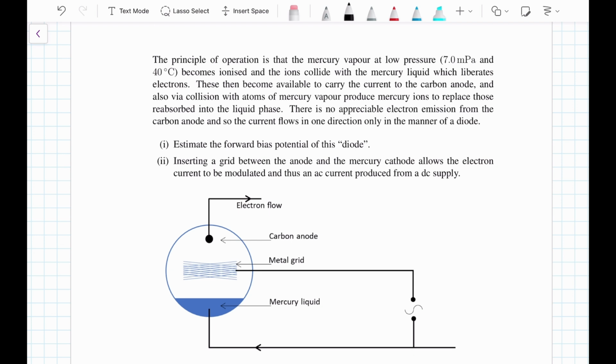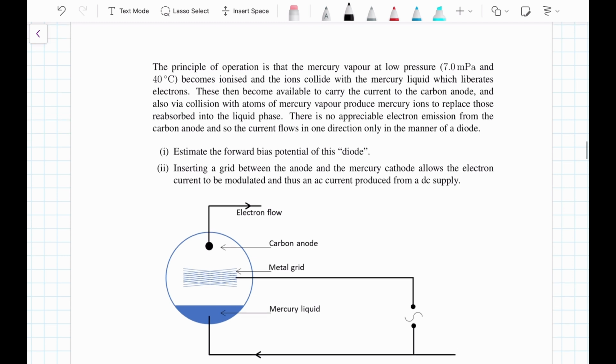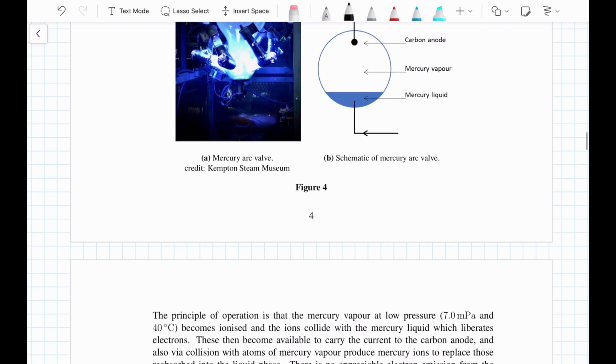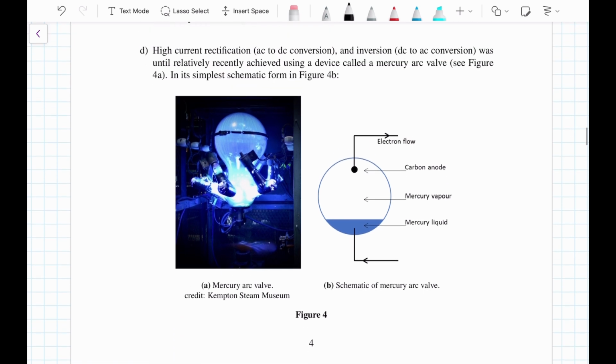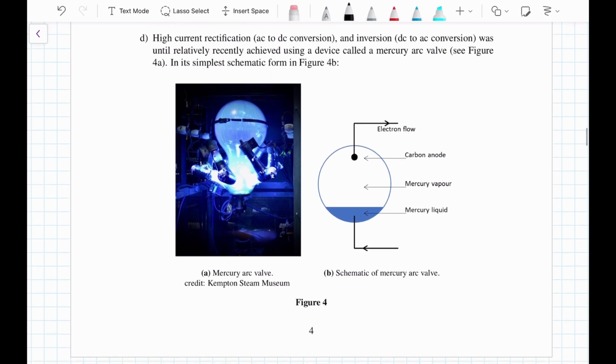It says to estimate the forward bias potential of this diode. So this is essentially calculating the voltage of this entire system. Let's see, what can we use? The diagram over here is the carbon anode.